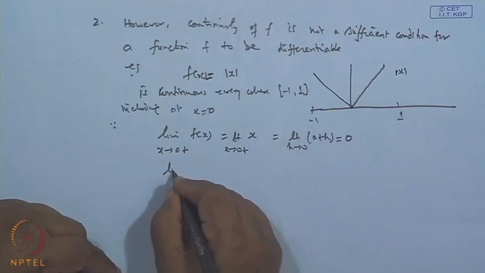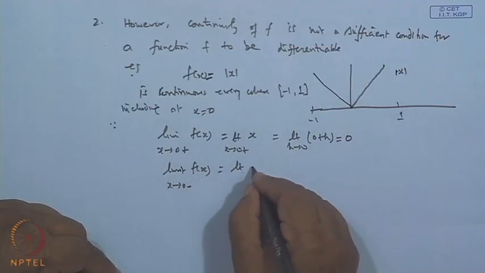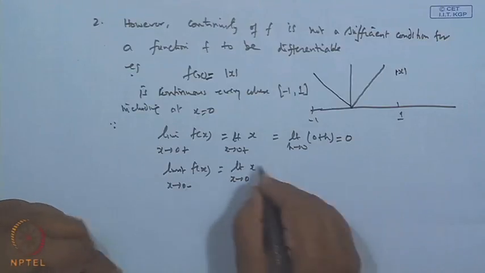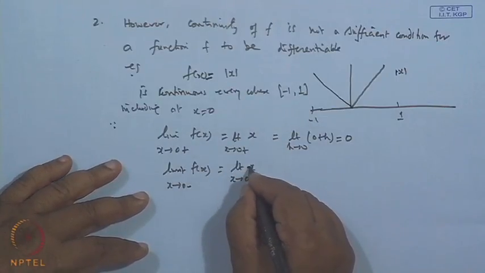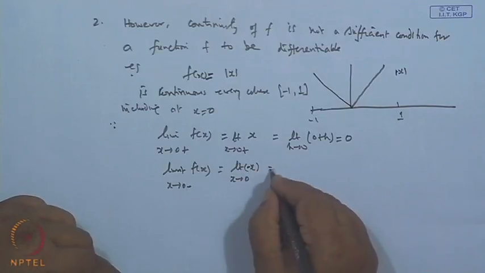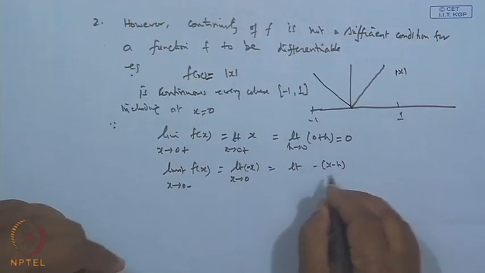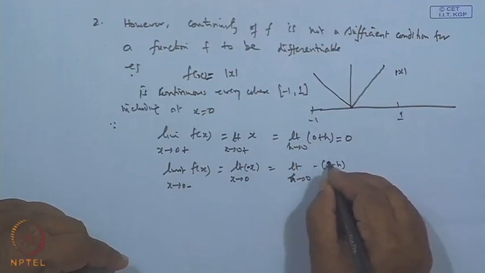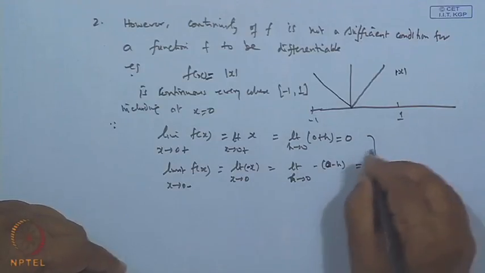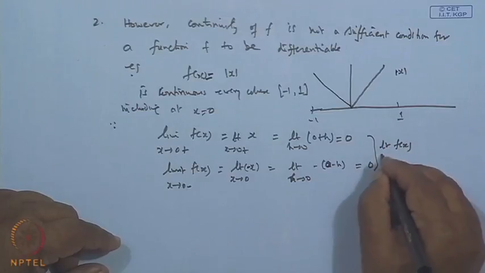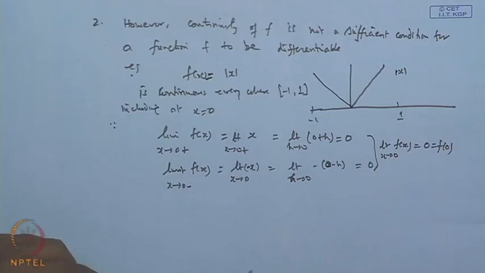And if we look at the limit of f of x when x tends to 0 from the negative side, mod of x is minus x, and as x tends to 0, we again get 0, which is the same as f of 0. So, the limit of the function f of x when x tends to 0 is 0, which equals f of 0. So, the function is continuous at 0.